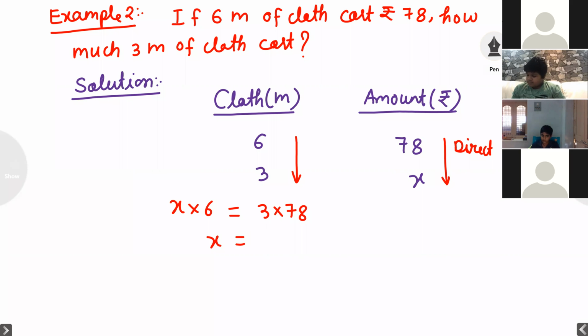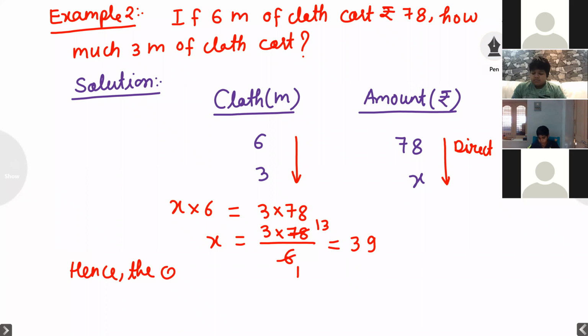X is equal to 3 into 78 whole divided by 6. 6 1 is 6, 6 3 is 18. 13 into 3, 39 rupees. Hence, the cost of 3 meter cloth is 39 rupees.